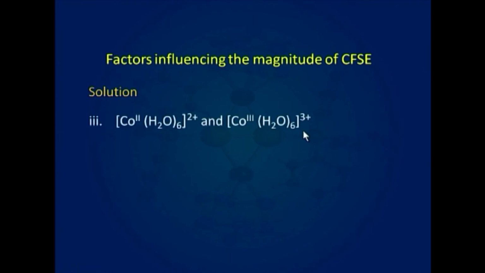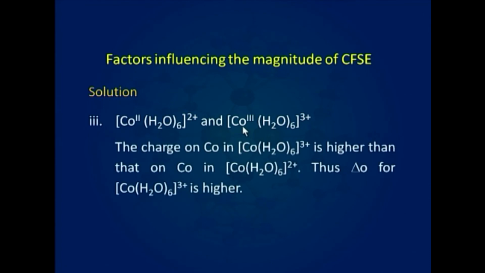Next example is [Co(H2O)6]2+ and [Co(H2O)6]3+. The charge on Co in [Co(H2O)6]3+ is higher than that on Co in [Co(H2O)6]2+. Thus, the delta O value for [Co(H2O)6]3+ is higher.